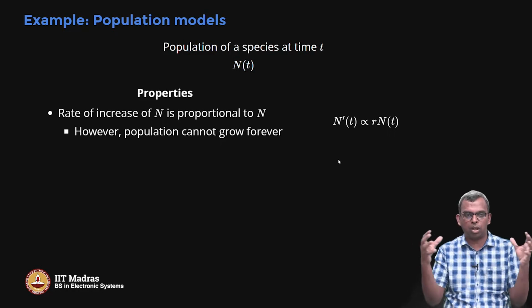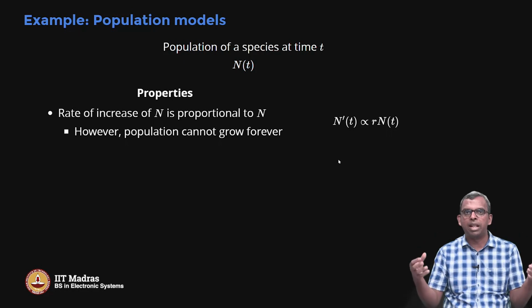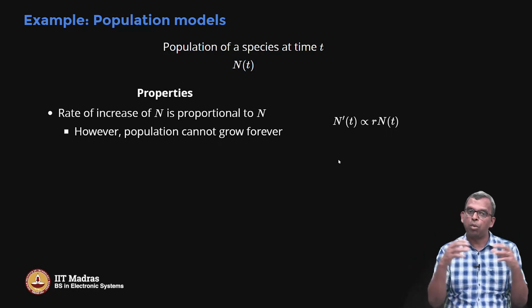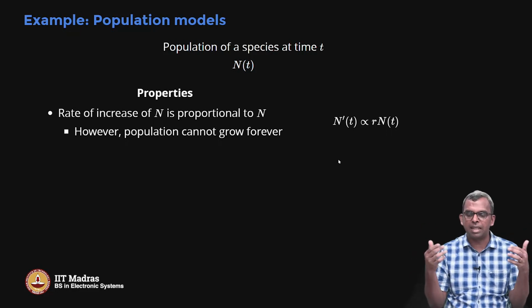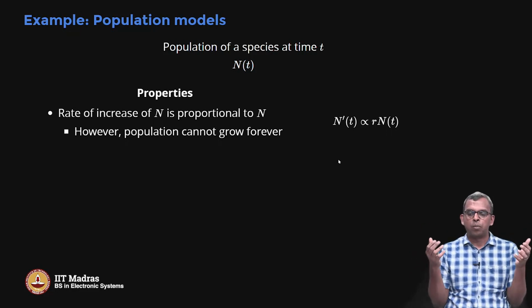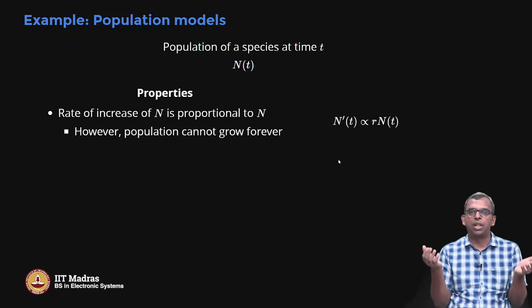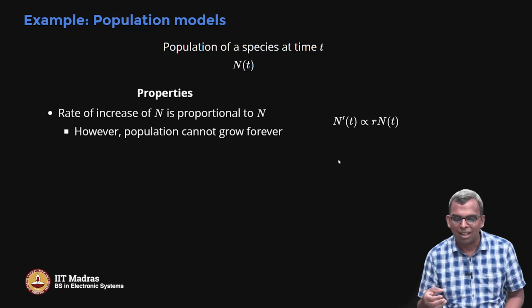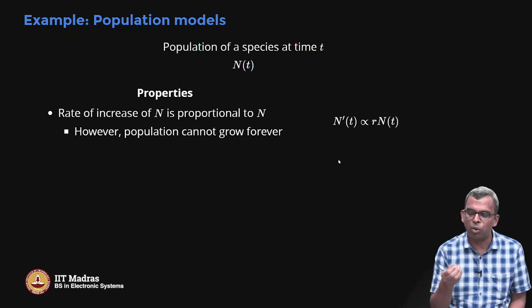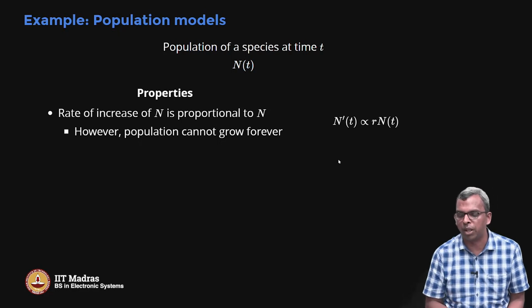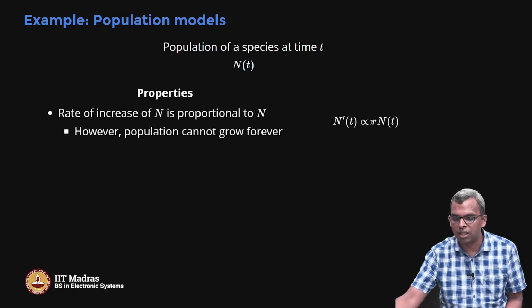If there are more animals of a particular species, they are going to reproduce, and when they reproduce, the population grows. That's the growth rate. Now, if there are more animals, the more they're going to reproduce. So it makes sense that n prime of t has to be proportional to n of t. So you expect that n prime of t will be proportional to n of t, and maybe there is a constant here.